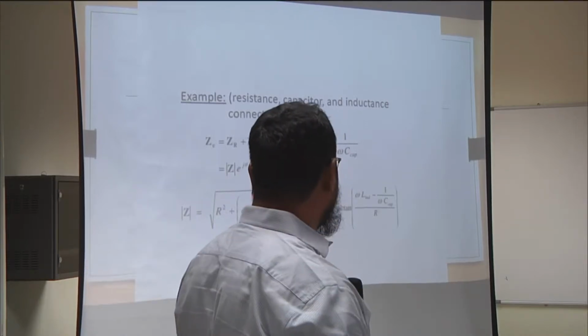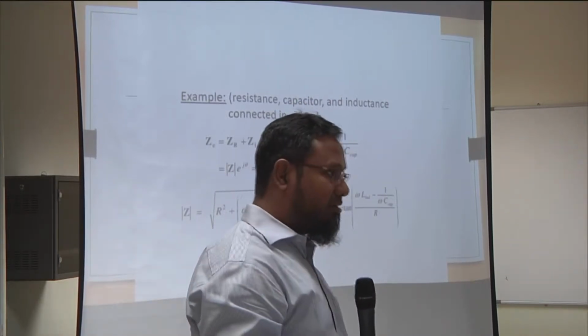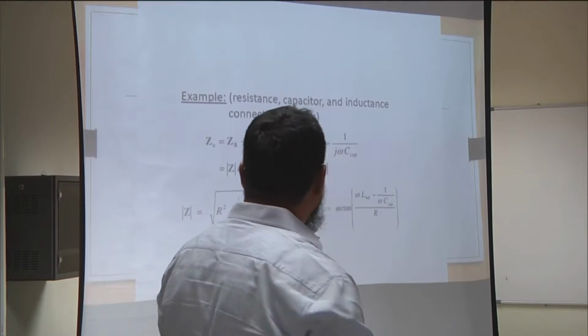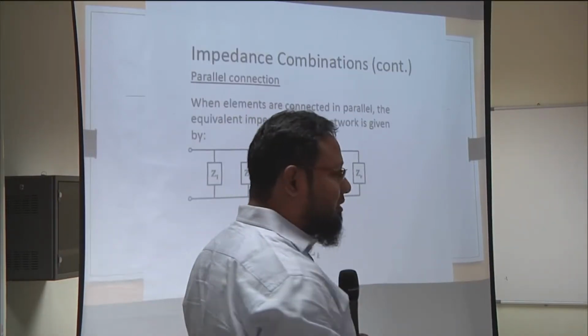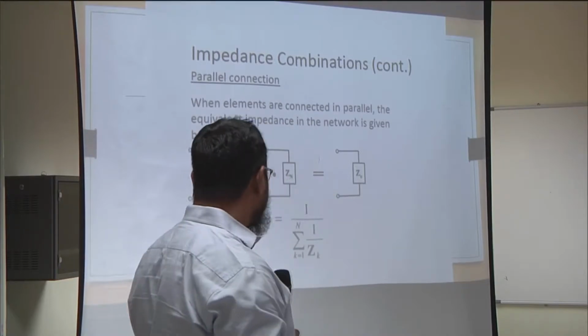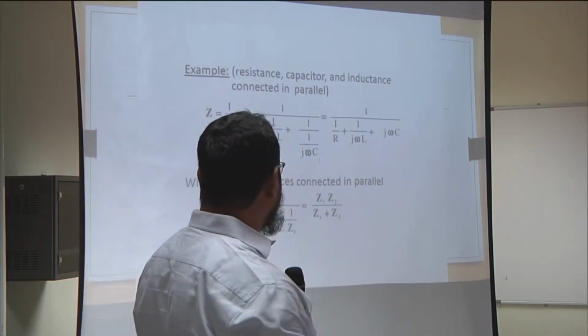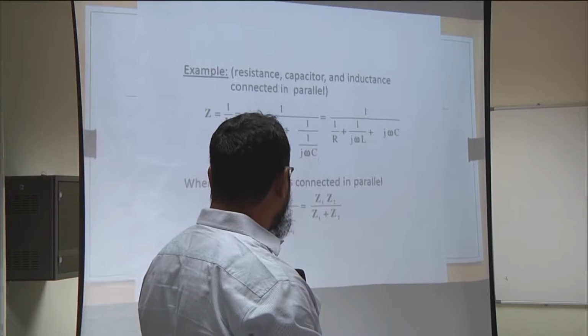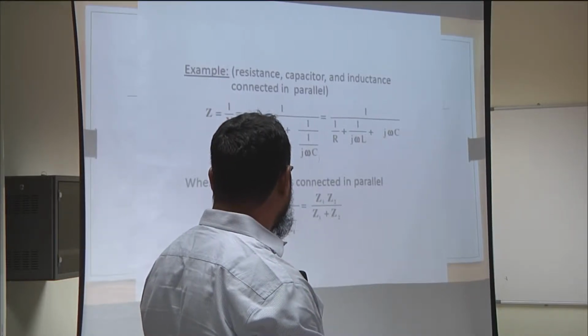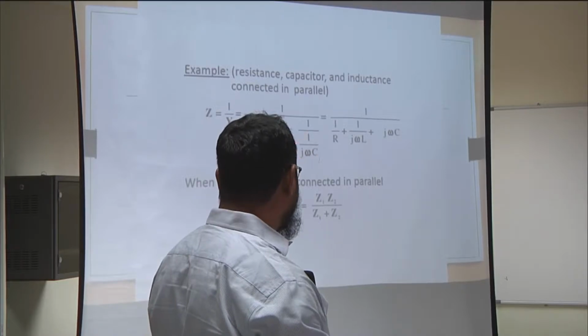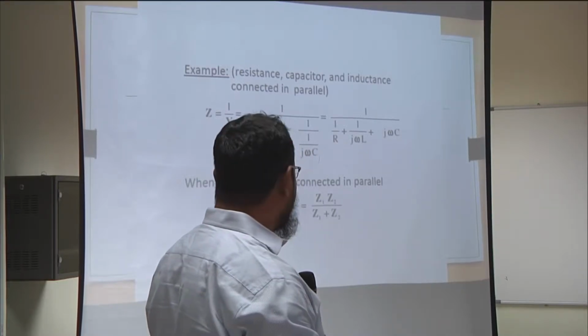You don't really have to resort to this method all the time. So you can avoid coming to this Euler identity. Same with parallel combinations, very easy. So here we can see the parallel combination of, can you guess what are these? Parallel combination of what?